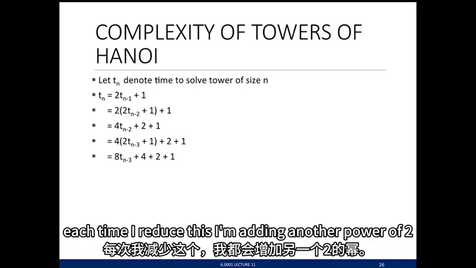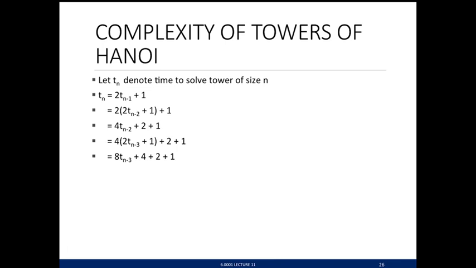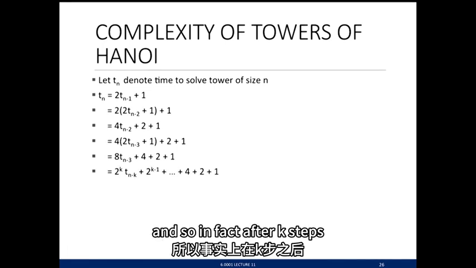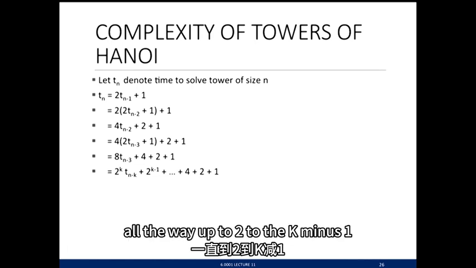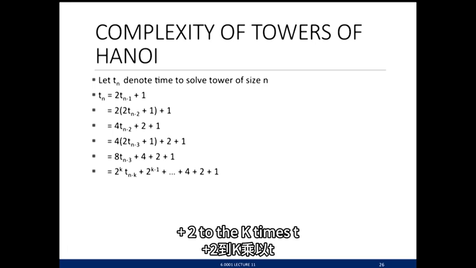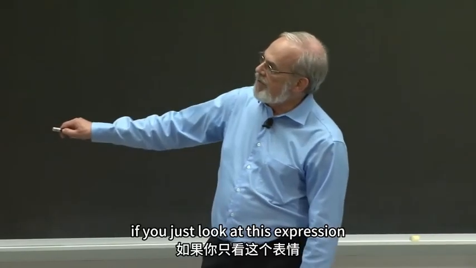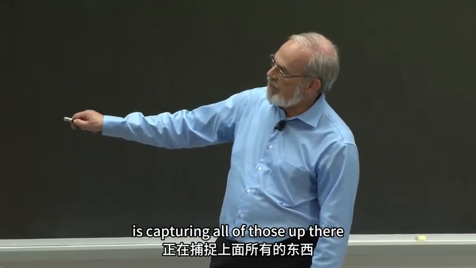Each time I reduce this, I'm adding another power of 2, and I'm increasing the coefficient out front. And so, in fact, after k steps, I'll have 1 plus 2 plus 4 all the way up to 2 to the k minus 1, plus 2 to the k times t sub n minus k. Hopefully you can see it if you just look. This expression is capturing all of those up there.